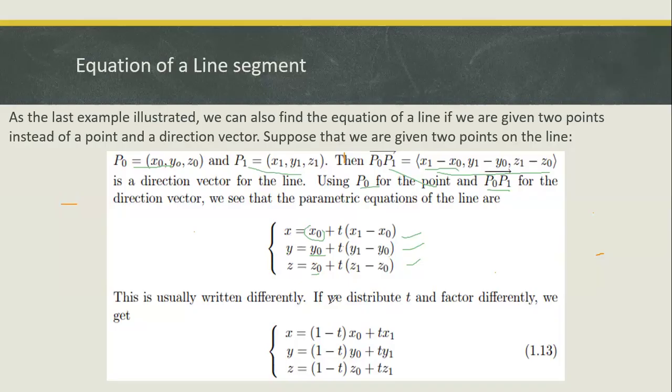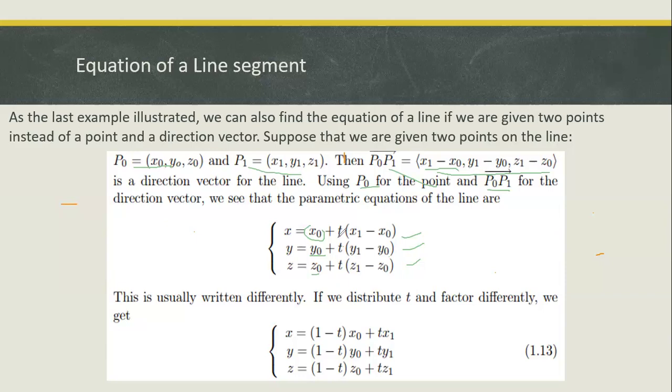However, this can usually be written in a different way, simply by distributing t.